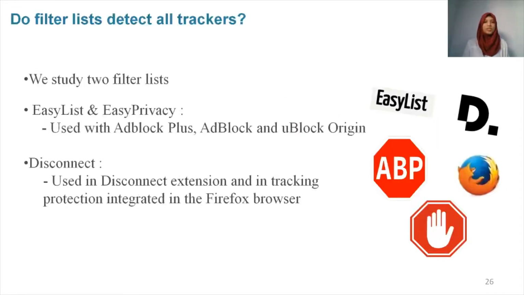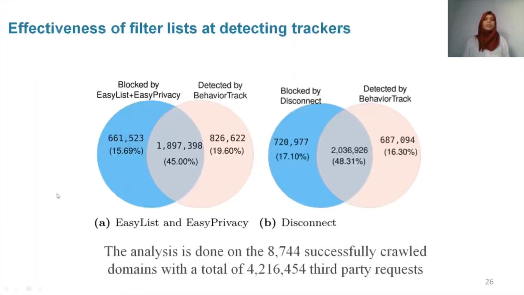To answer this question, we studied 2 filter lists: EasyList and EasyPrivacy, which are used with AdBlock Plus, AdBlock and uBlock Origin, and moreover widely used in our community; and Disconnect, which is used with the Disconnect extension and in tracking protections integrated with the Firefox browser. We compared our tracking detection methodology, which we refer to as Behavior Track, to Disconnect on the right and EasyPrivacy on the left. Let's start with EasyList and EasyPrivacy.